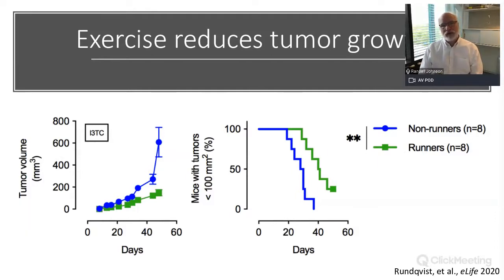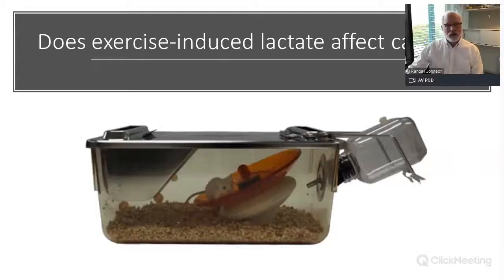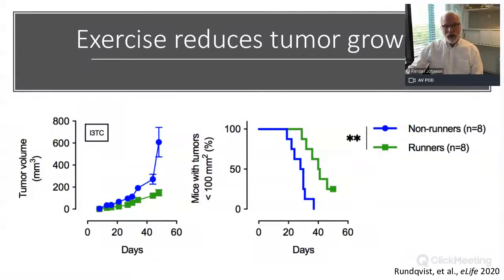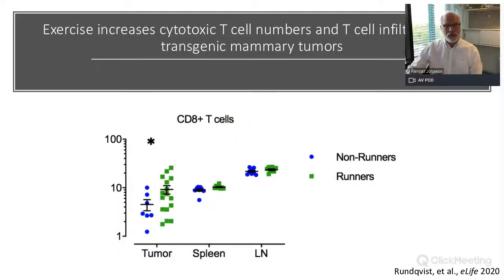And she just shows this in animals that are able to run, as you can see in this way. They have a wheel in the cage and they're just able to run at will, which of course most of them do throughout the night, and we can measure the amount each individual animal runs. And in fact, the runners, compared to non-runners who have a wheel in their cage but it's locked so they can't run on it, the non-runners actually show a significant reduction in survival with the same tumors.